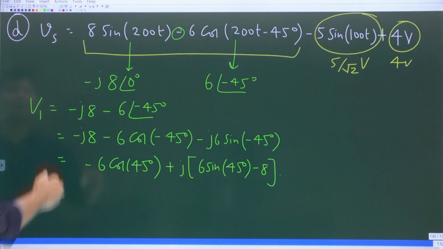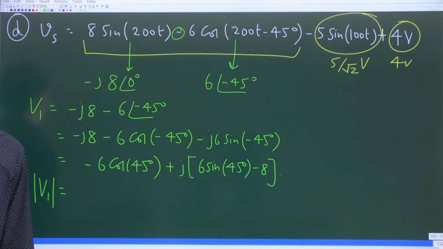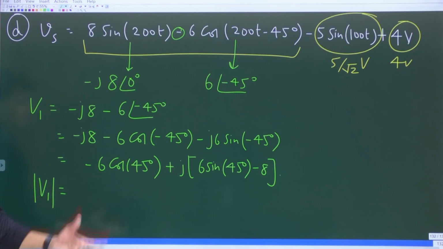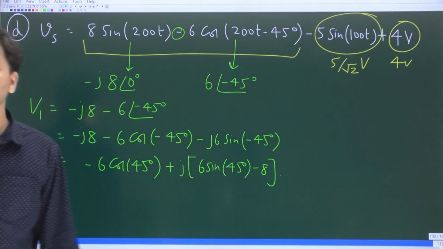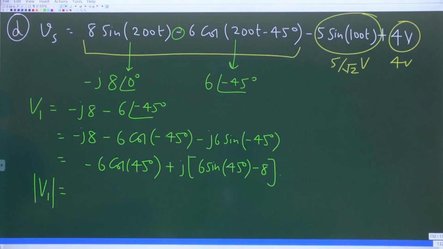Again, I want the magnitude of this complex number. The real part is minus 6 cos 45 degrees, and the imaginary part is 6 sin 45 degrees minus 8. Someone please tell me the magnitude of this complex number. Okay, 5.66.